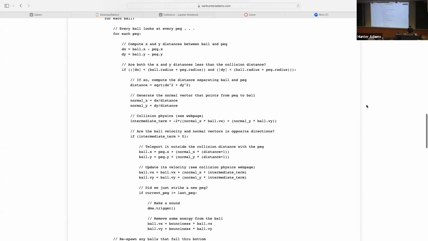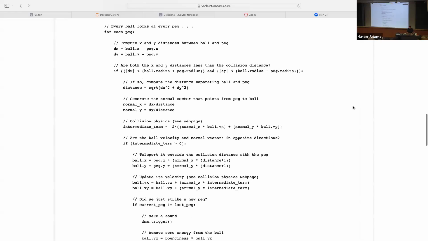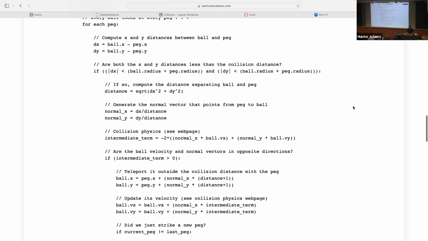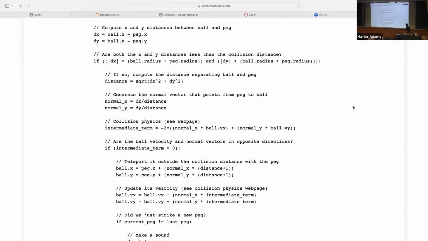Note that what we are interested in learning is the difference in position, the distance, between the ball and the peg. The distance is computed here: distance equals square root of dx squared plus dy squared. I just want to point out that before we compute the distance between our ball and some candidate peg, the first thing we do is compute the x and y differences in position between that ball and that peg, the dx between the ball and the peg, and the dy between the ball and the peg.